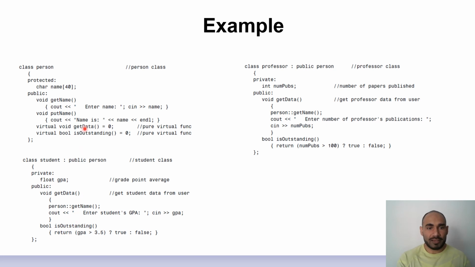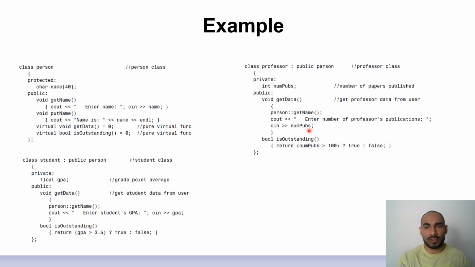So what does getData do? getData would call getName, and for a student isOutstanding would return the GPA, while for a professor isOutstanding would return true if the number of pubs is greater than 100, otherwise false. getData for the professor would again call getName, and it would also ask for the number of the professor's publications.